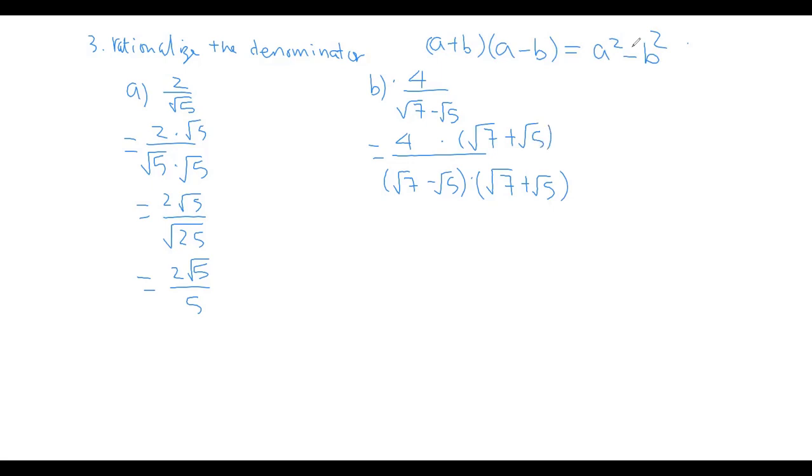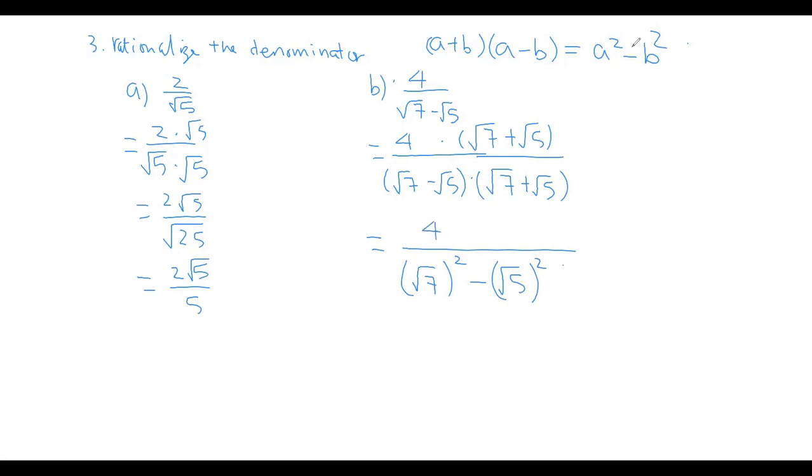Okay, so here, the denominator, you can use that formula. That's square root of 7 squared minus square root of 5 squared. Or you can FOIL, it doesn't matter which way you use. Let's say here I use the formula. So that's square root of 7 squared minus square root of 5 squared.